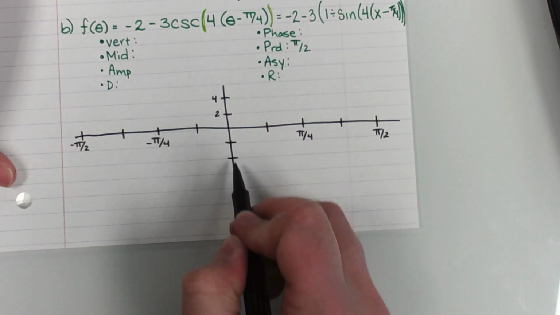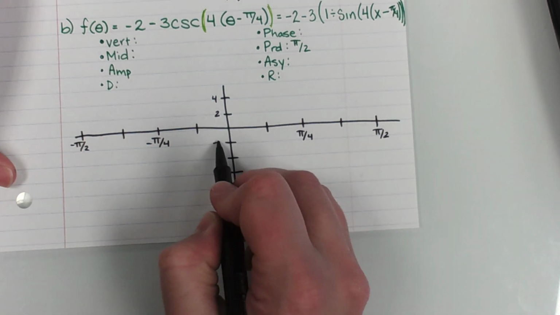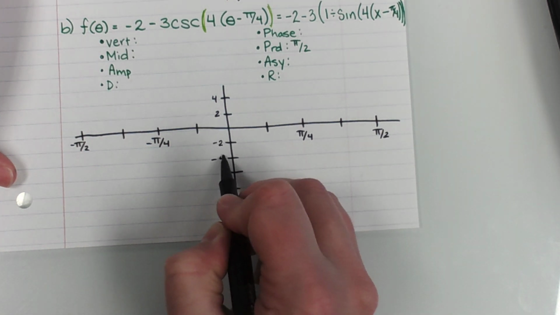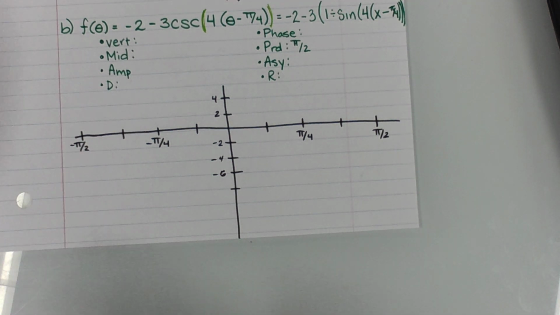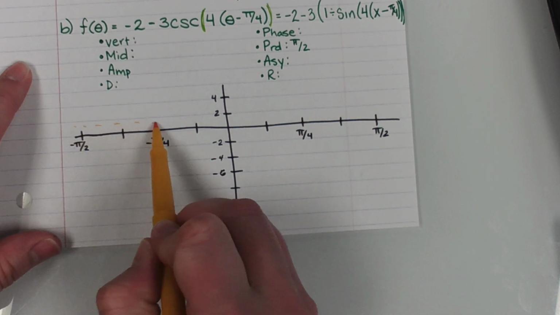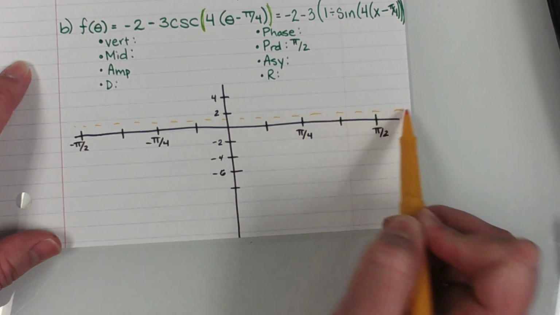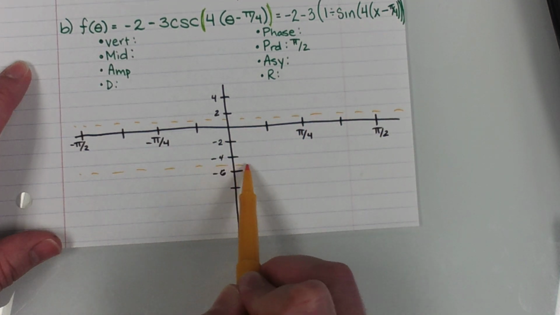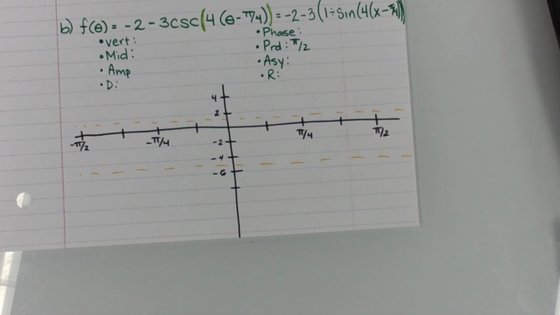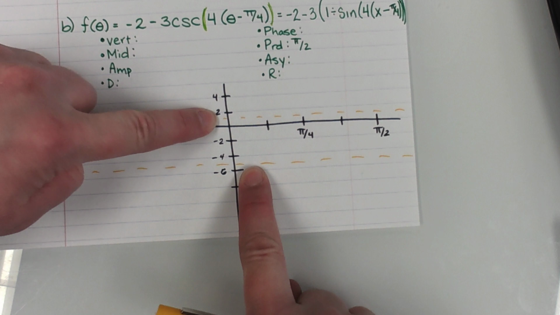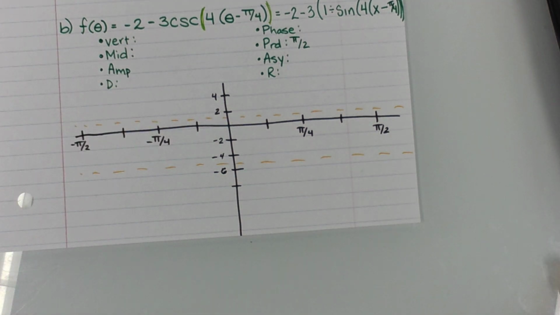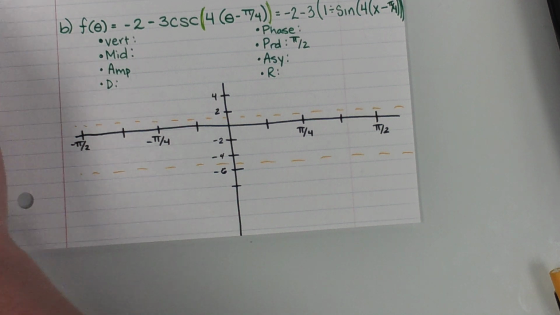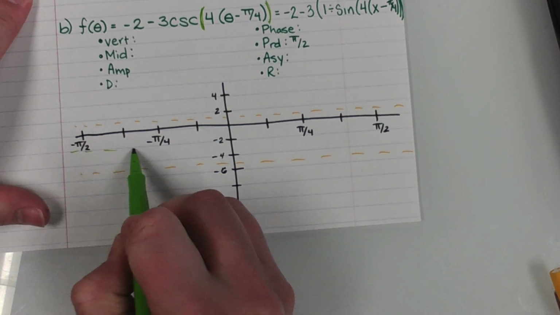And a little bit below negative 5. I found my maximum line here. I found my minimum line to be here. What's in the middle of negative 5 and 1? Negative 2. That's my midline.